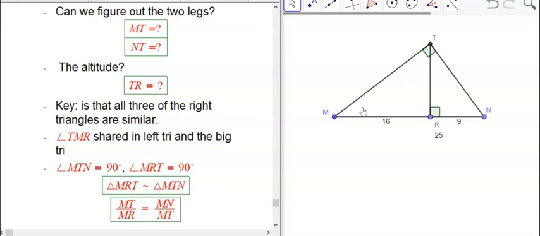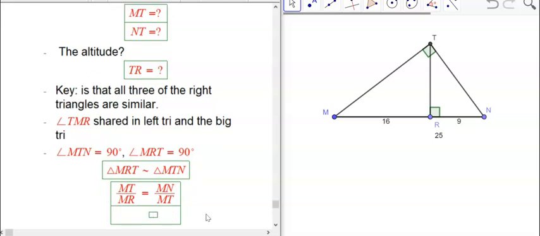It's the hypotenuse of the left-hand smaller right triangle, but it's also one of the legs of the big triangle, and it's one of the legs adjacent to angle M, which is shared. In the left-hand triangle, MR is the leg adjacent to angle M. That's why MT is showing up in both these places.